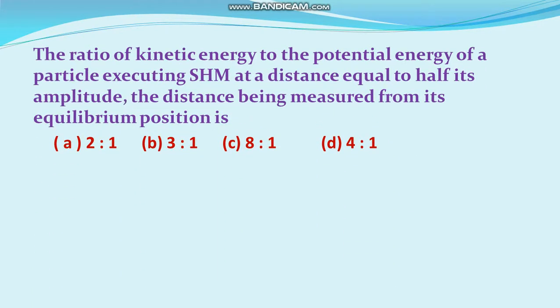Next question, the ratio of kinetic energy to the potential energy of a particle executing SHM at a distance equal to half its amplitude, the distance being measured from its equilibrium position, that means mean position. What is given here? We want to find the ratio of kinetic energy to potential energy at a distance equal to half of its amplitude.